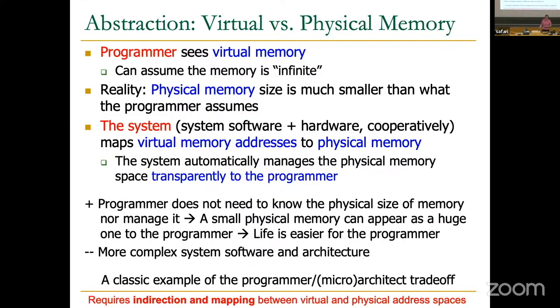So virtual memory requires indirection and mapping between virtual and physical address spaces. The programmer sees a virtual address space and then there's a physical address space, and there needs to be some translation from the virtual space to the physical space. That mapping is needed because not the entire virtual memory that the programmer sees is going to be in the physical space.